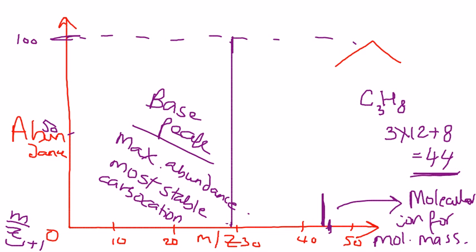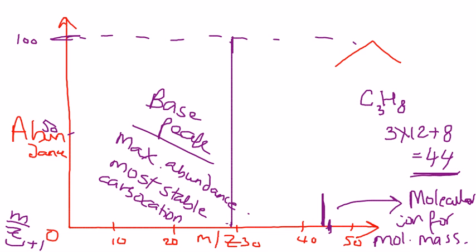So it always will have an odd number of electrons. But a fragment ion may either be an even-electron cation or an odd-electron radical cation, depending on what fragment has been lost. So keep in mind that the M plus with a radical is going to have an odd number of electrons, but the fragments that are generated could have an odd or even number of electrons.